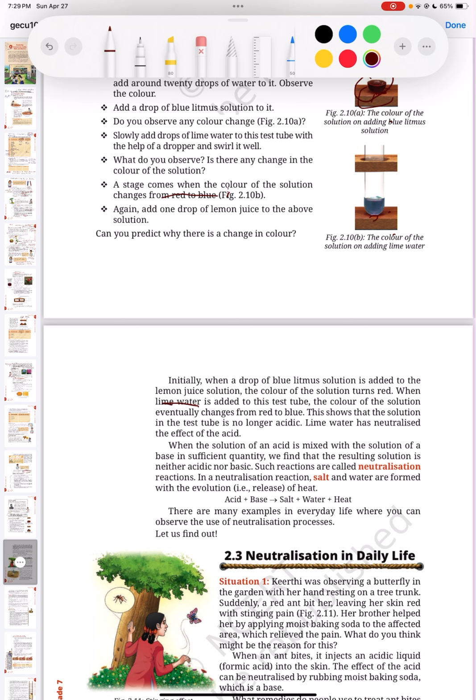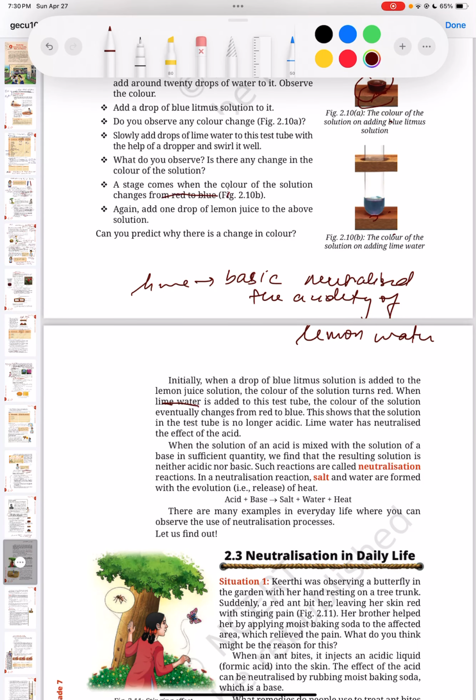So the point is that it no longer remained acidic, or in other words, the lime water neutralized the acidity of the lemon juice. And if you remember, lime is basic in nature. So something basic in nature neutralized the acidity of lemon water, right? That is what this experiment tells you.